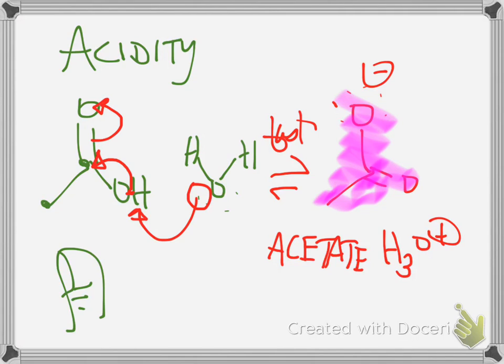Okay, so let's do one other example. I'm just going to draw one now. And now let's name that. We have to count 1, 2, 3, 4, 5. So that would be pentoic acid.